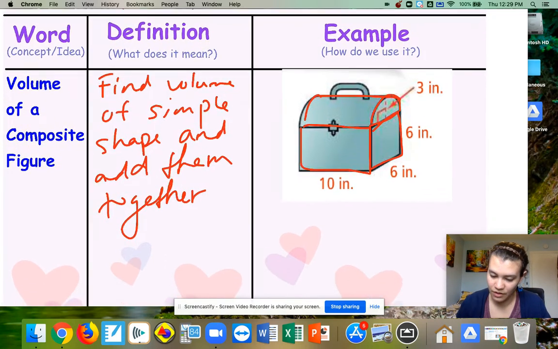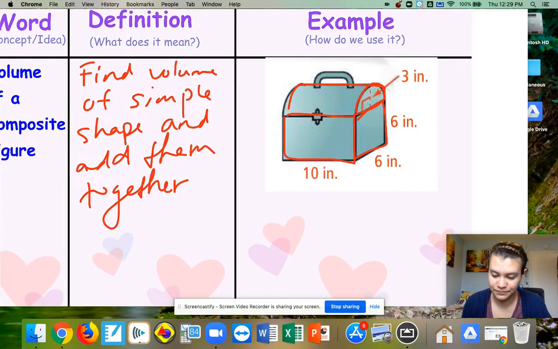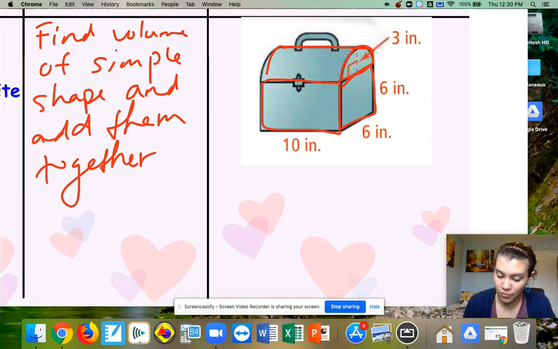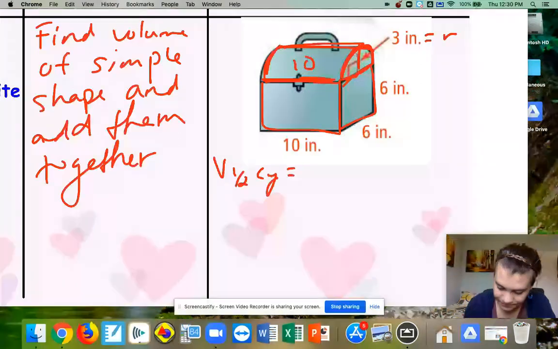So if we do this example over here, blow it up, we first want to find half of this cylinder. Here it tells us this radius is 3, and the length or the height right here would be 10. So if we want to find the volume of half of our cylinder, we want to take half of the regular formula.